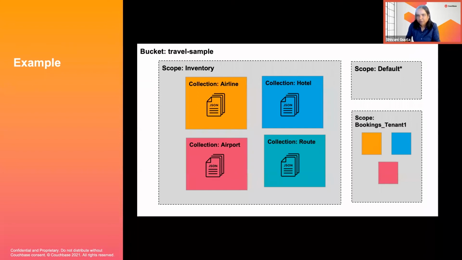So it has 4 different collections, at least, to store airline assets, airports, hotel assets, routes between airlines. There is also a default scope always. So if you do not want to create a scope, you don't have to. You can just start creating collections inside the default scope.